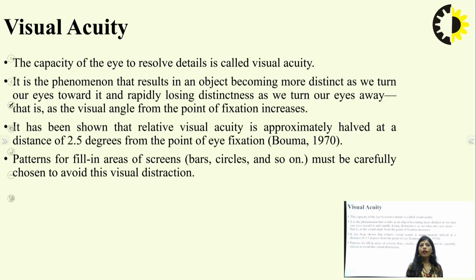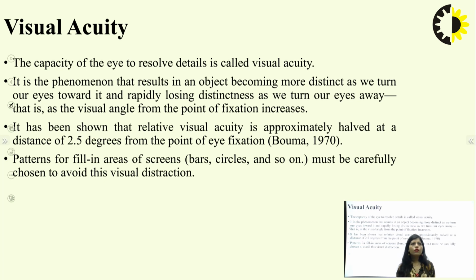It is the phenomenon that results in an object becoming more distinct as we turn our eyes toward it and rapidly losing distinctness as we turn our eyes away. Sometimes we see an object or some activity, but when our eyes are away, we simply lose the distinctness.